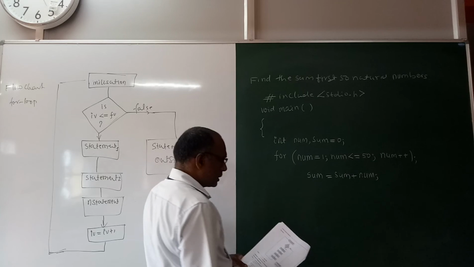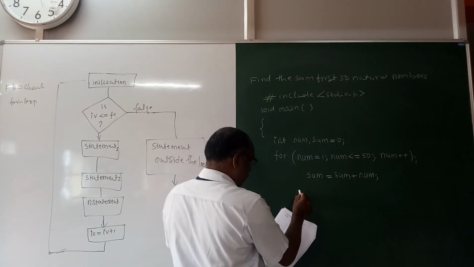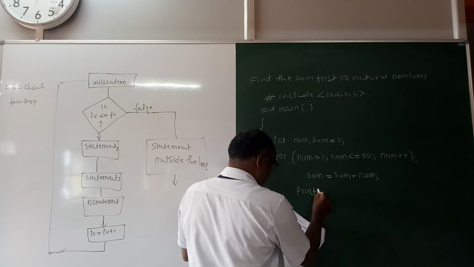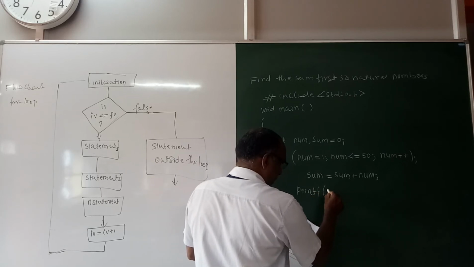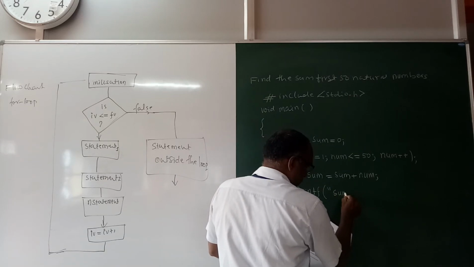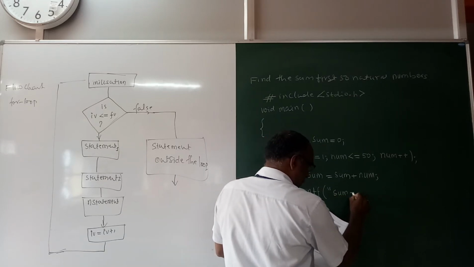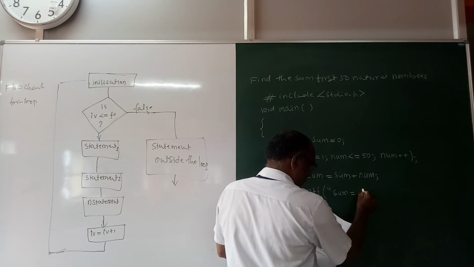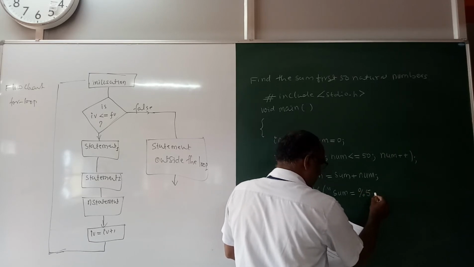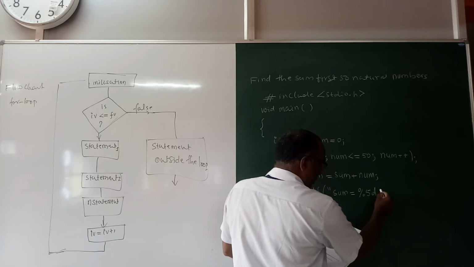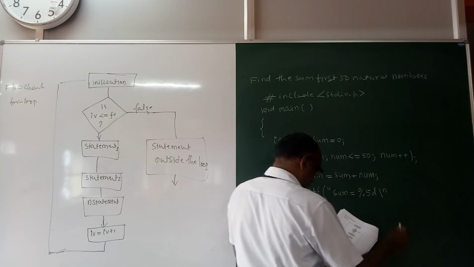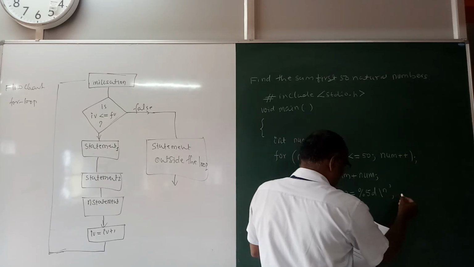Now, print: sum equal to, percent with field specification 5 digits, that is integer number, then a new line, then sum.